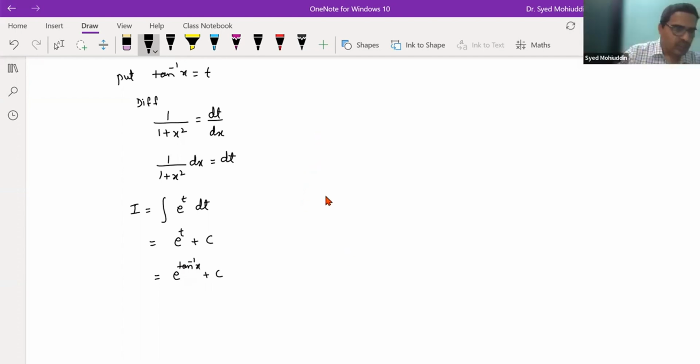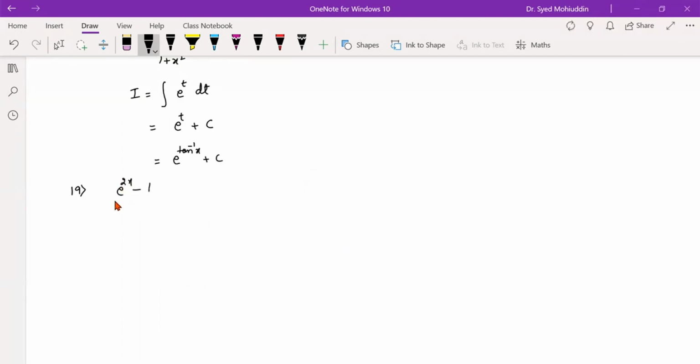The next question, e power of 2x minus 1 divided by e power of 2x plus 1. But again, if you try to observe here directly, do you have the differentiation? Suppose if I try to differentiate the denominator, will you get the numerator? Or if you differentiate the numerator, will you get the denominator? We have to just check it. Because it is not possible directly to get it, some substitution or some modification has to be done over here.